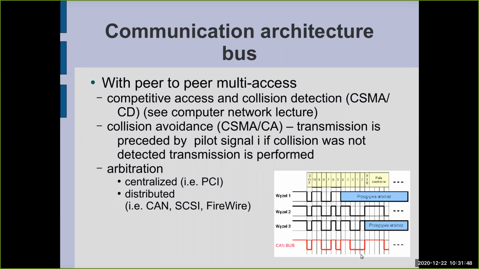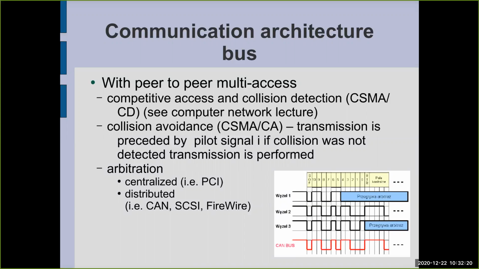But the benefit is that only one node is able to transfer data without any obstacles. So if we have a pilot sequence, we can generate this sequence for every node in such a way that the most important nodes will always win the competition.